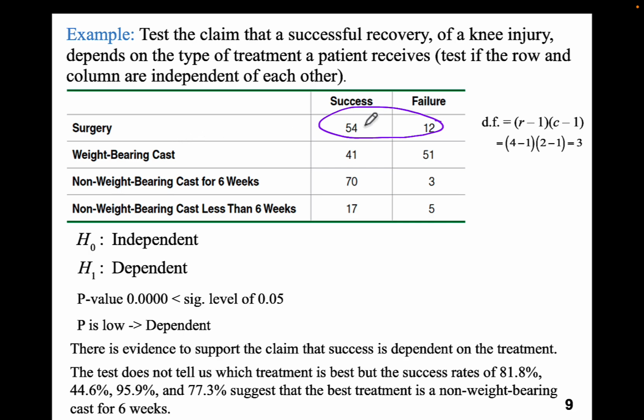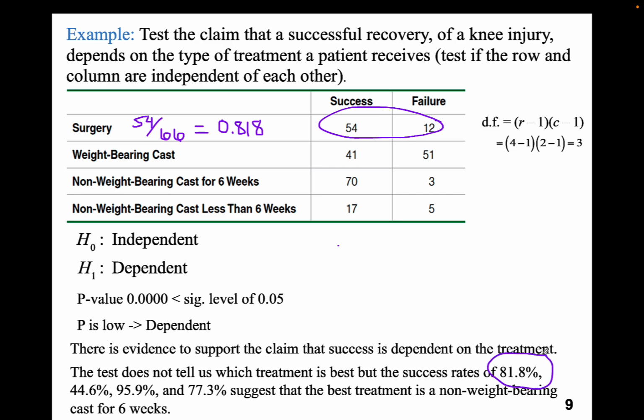So 66 had surgery. So for surgery, if you did 54 successes out of 66, then that will come back with 0.818 approximately. And then you'll multiply that by 100.